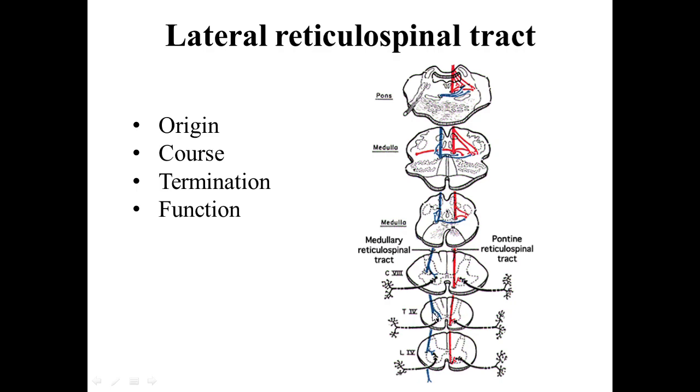From here, the fibers enter into the gray matter and synapse with the alpha and gamma motor neurons of the spinal cord.